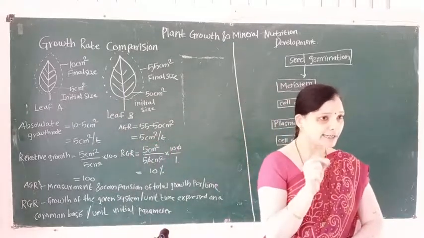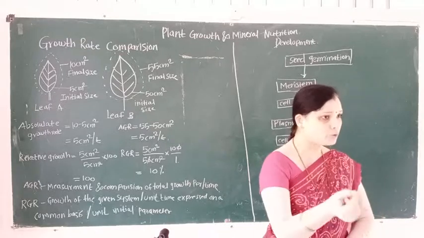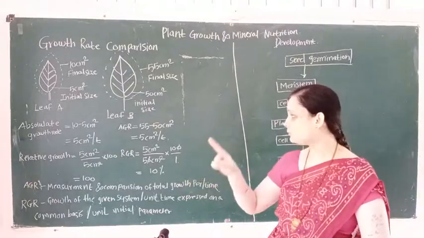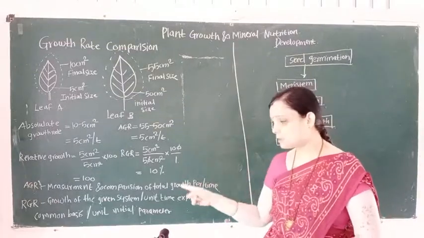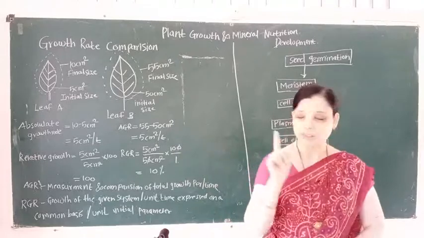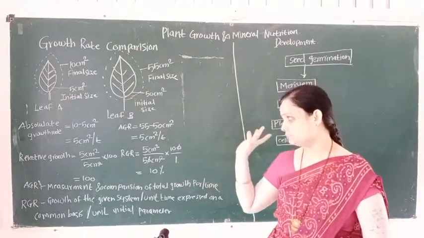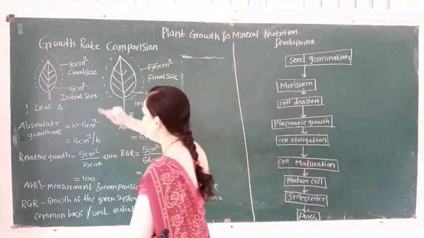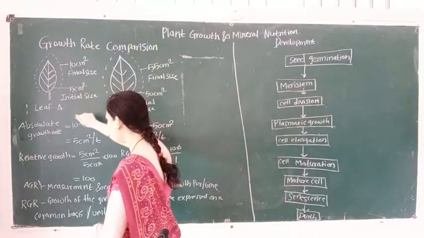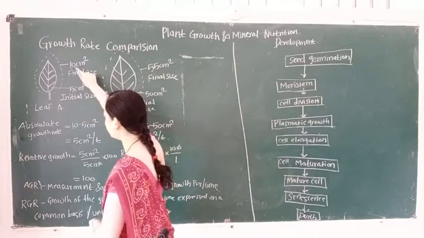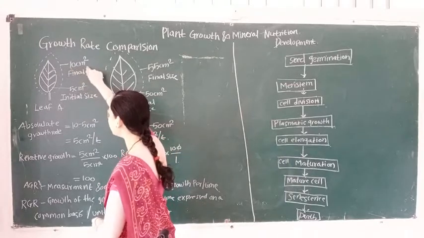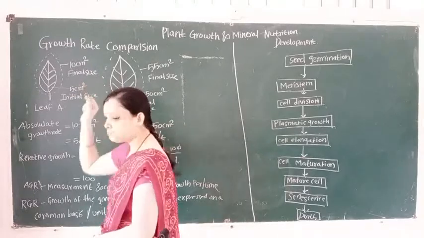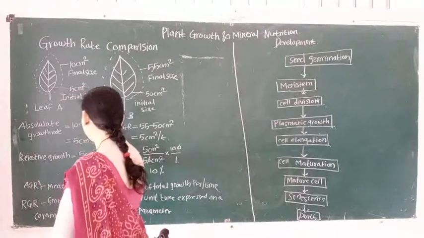So for leaf A, what is the absolute growth rate? That is 5 centimeter square per t. And the 5 centimeter square is obtained through final size, 10 centimeter square, minus initial size, 5 centimeter square, per unit time.